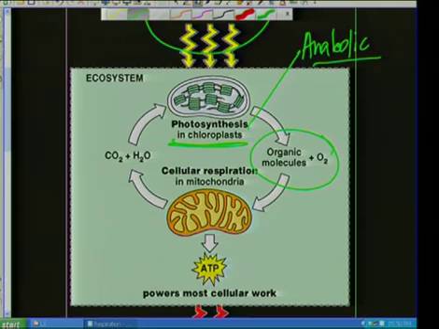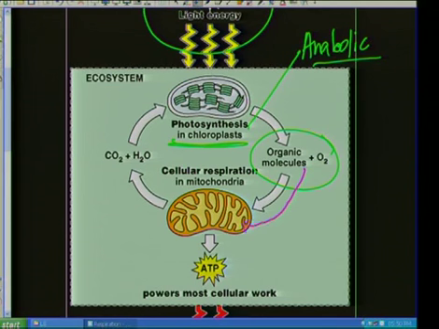Whereas, look at what happens during respiration now. These organic molecules are used in the mitochondria to release energy, to take the energy that is trapped in this organic molecule and release it in a form of ATP, and by the way, release carbon dioxide and water.